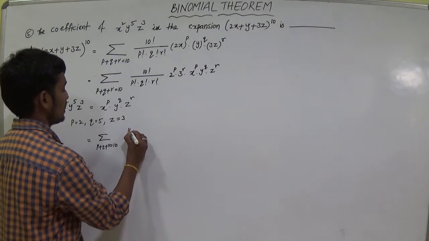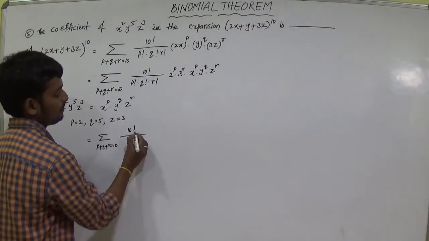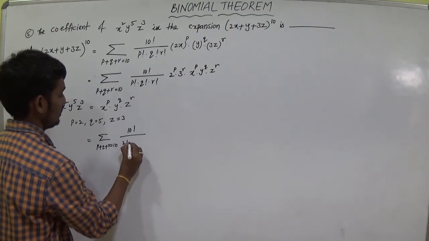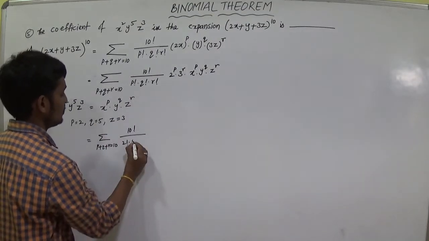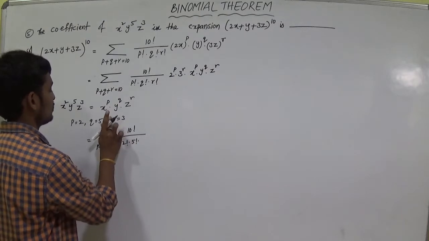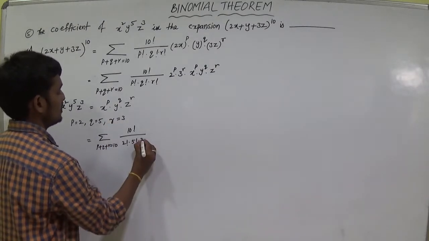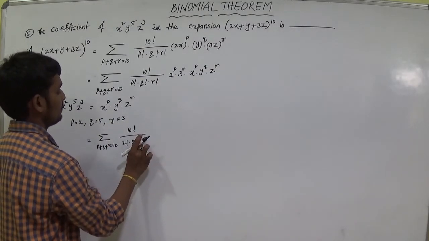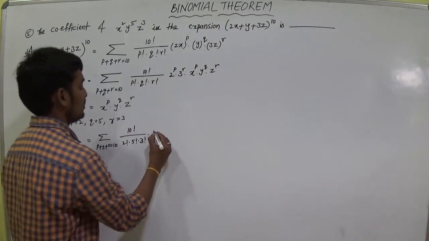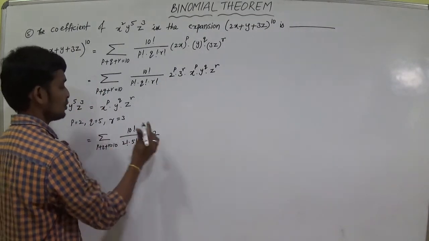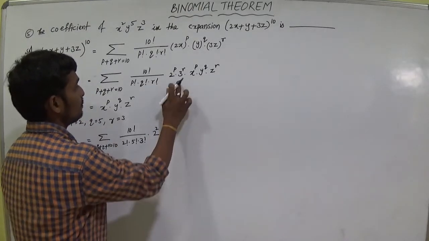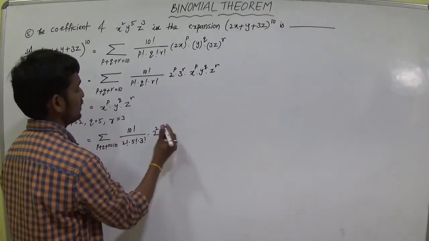That is equal to 10 factorial by P value is 2, so 2 factorial into Q means 5 factorial into R is, I wrote wrong here, R is 3 factorial into 2 power P is 2 square into 3 power R, they are asking 3 cube.